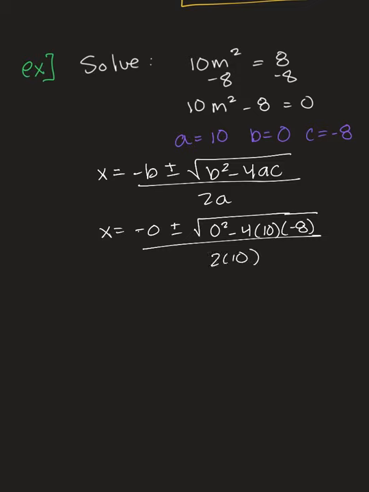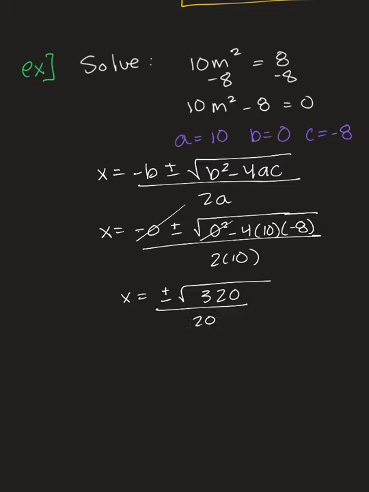So this is nice that our b value is 0 because that is just 0 and that's 0. So really we're just getting plus or minus the square root of negative 4 times 10 times negative 8. And that gives us positive 320 all over 2 times 10 is 20.